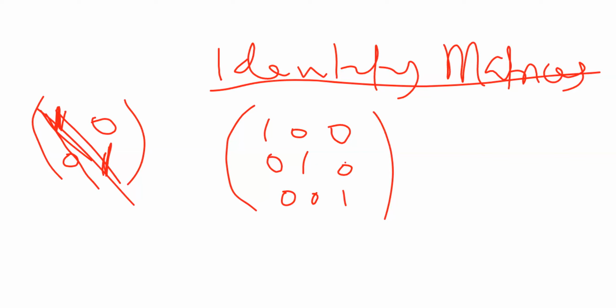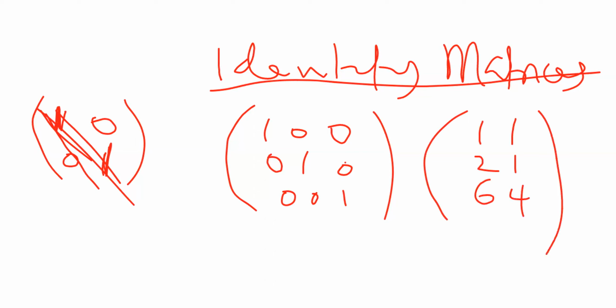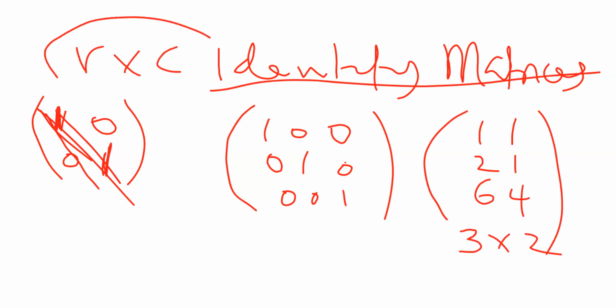And you will get the same result. We'll have another matrix like this. It's still a matrix. That means 3 by 2. We mention row before column.